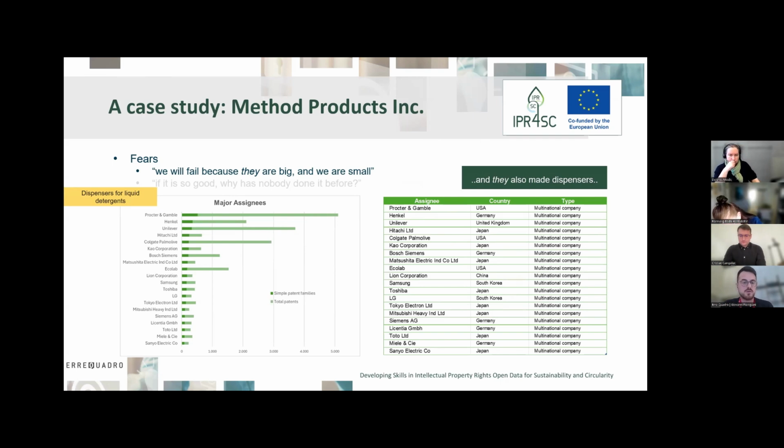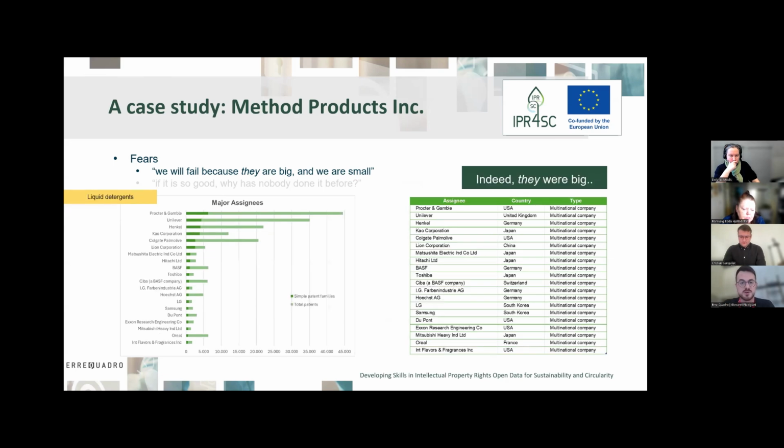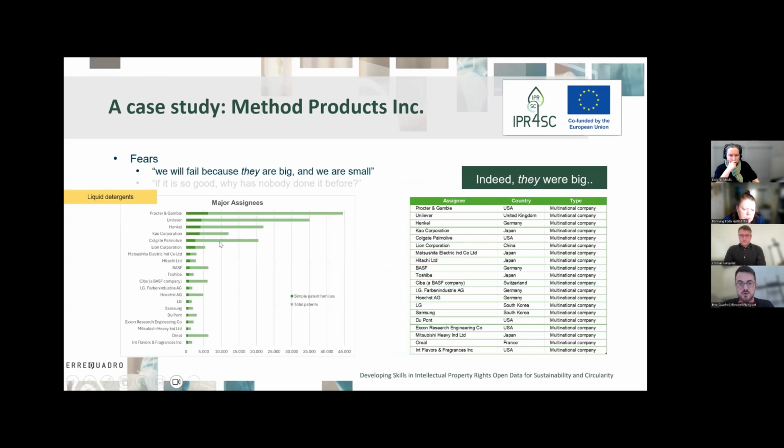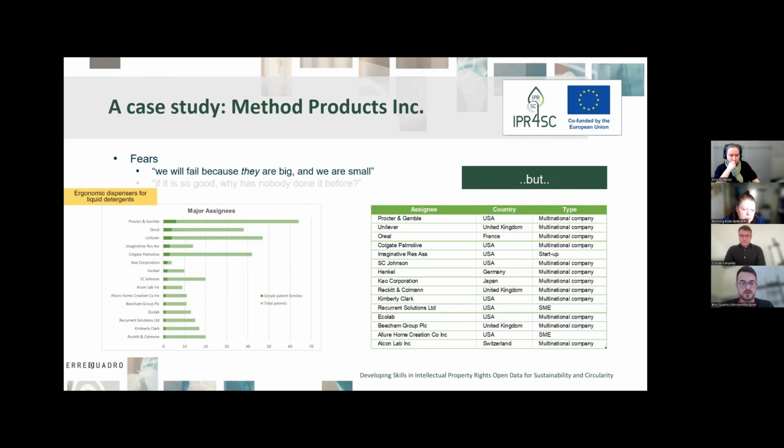But if we focus only on what the idea of the founders of method products was, to design, as I was mentioning before, an eco-chic household cleaning product, so if we focus on the design part and the ergonomicity of the dispenser, we can see how the competition radically changes and how the players in the field also change.